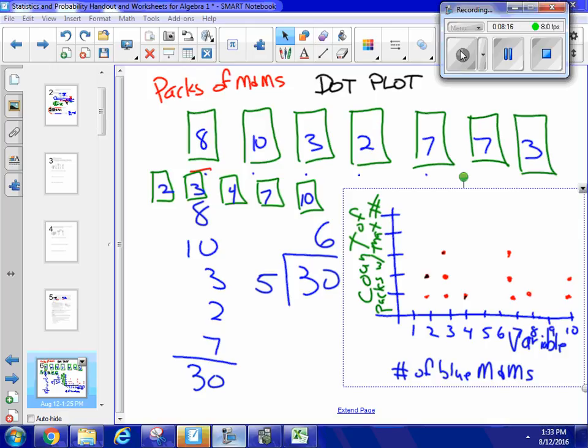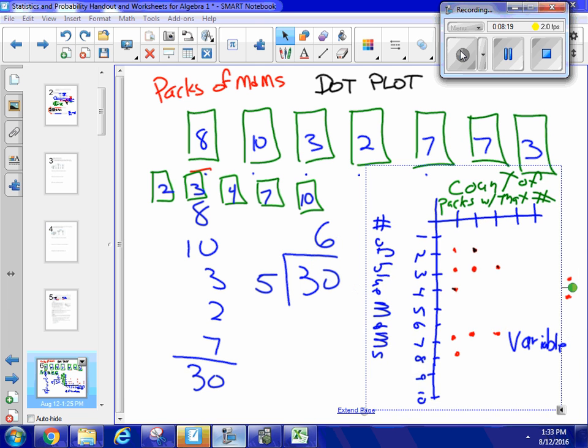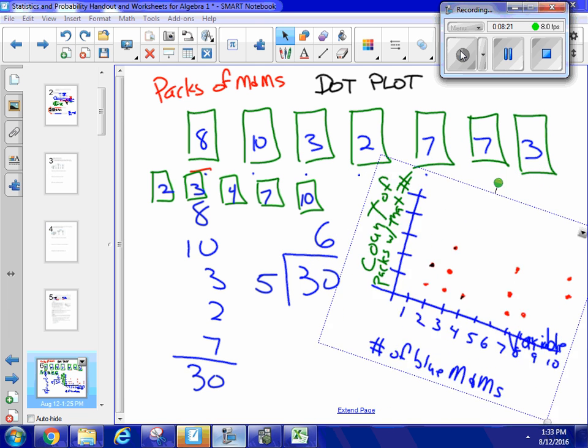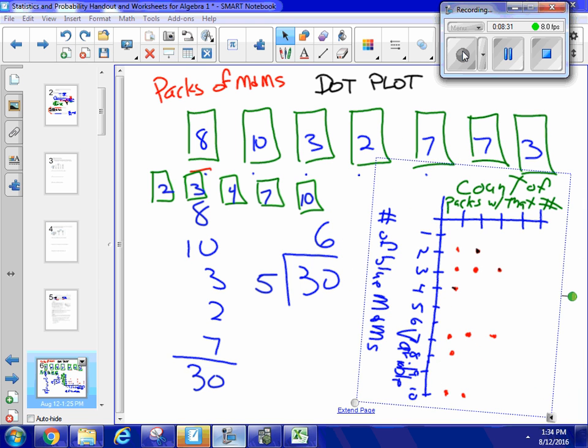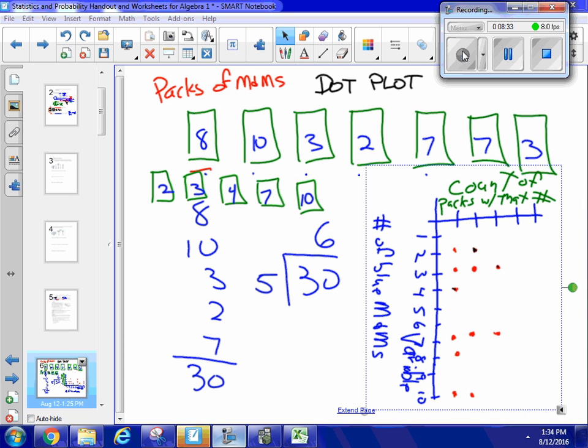Whoops, not all my dots came. Let's try it again. Sometimes they'll switch the axes on you. But what you need to remember is that one axis is the variable, the other axis is simply a count of the number of times that variable occurs.